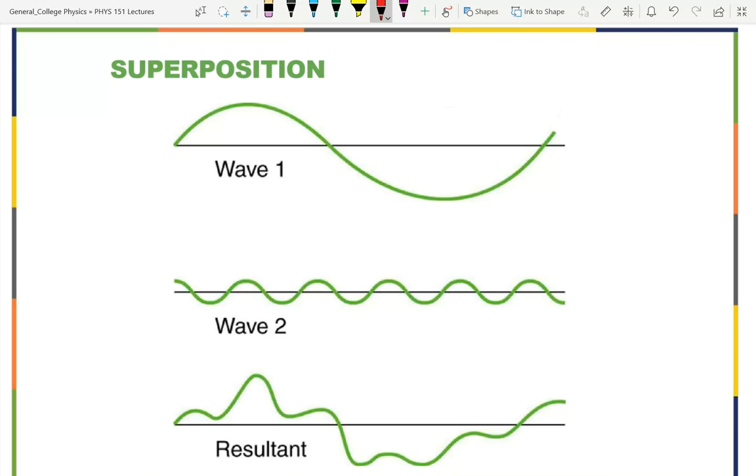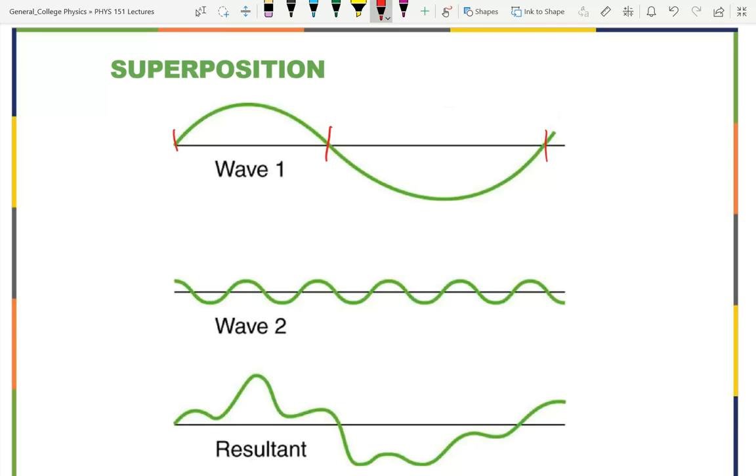So I have 2 waves shown here. One wave that has, you know what I just noticed? That is not the same wavelength on the first half as it is on the second half. That's nice. But I have these 2 waves traveling, and if they overlap the same place on a string, so one's going this direction, one's going this direction, they overlap, then the string's displacement is simply going to be what I get from adding those up.